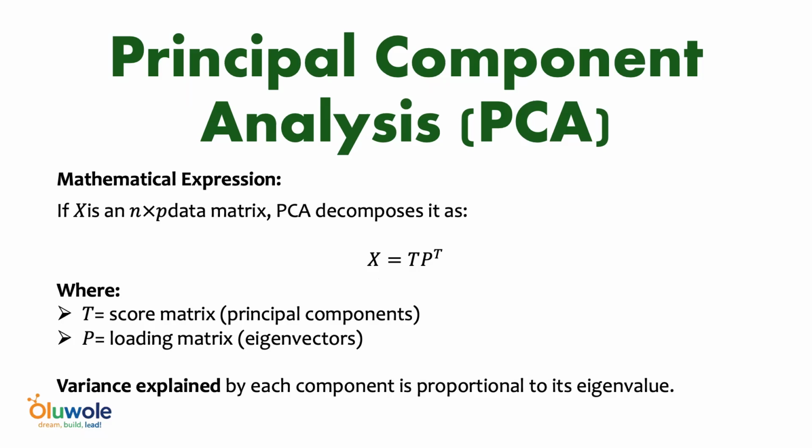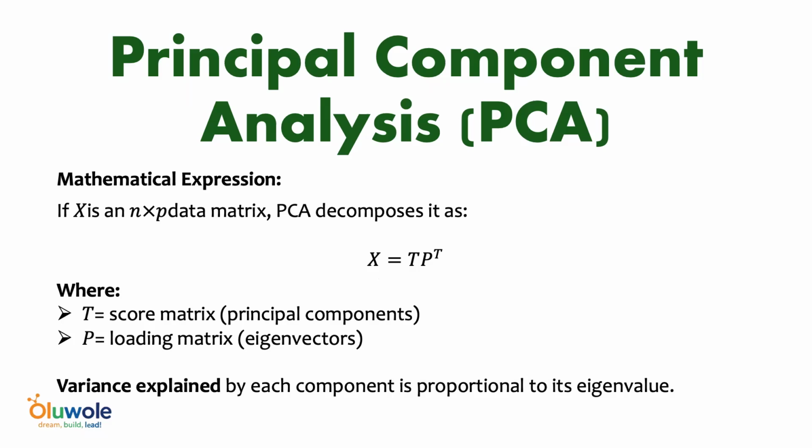If somebody is saying, you are talking about principal component, eigenvector, there's a mathematical formula for that, which is X = T P^T. Where T is the score matrix, the whole principal component, and P is the loading matrix, the new axes that have been created.